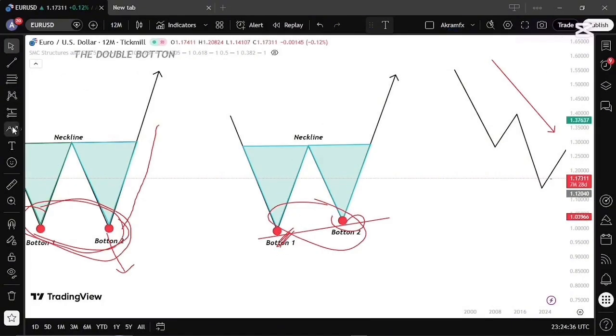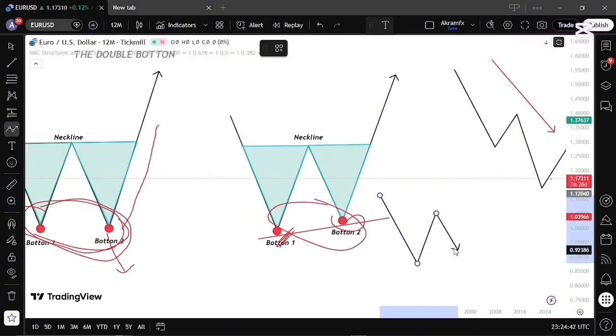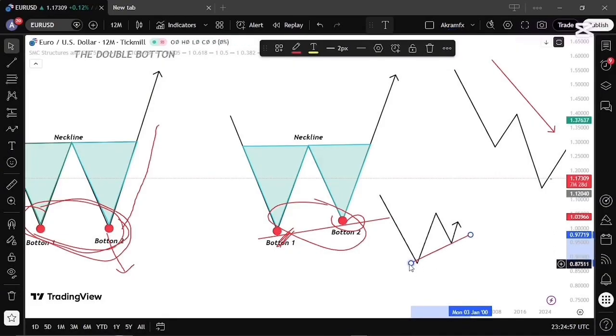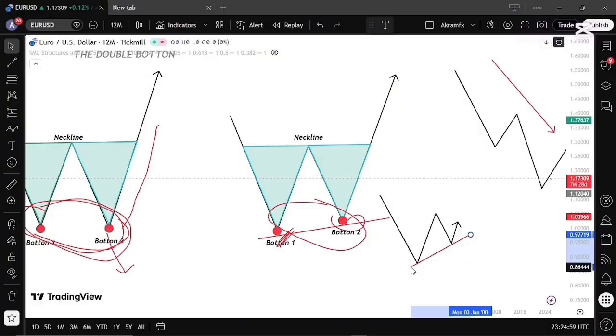Note, you shouldn't find the second bottom very much higher than the first bottom and then consider that a double bottom pattern.